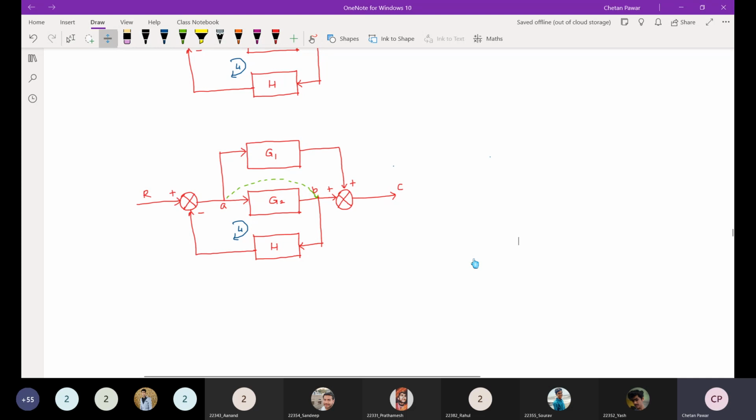Okay, so I will just shift this block to this side.